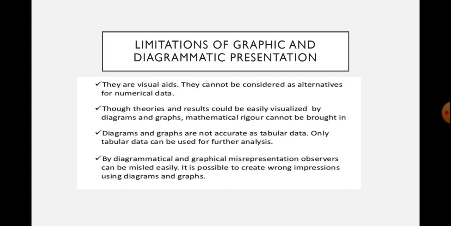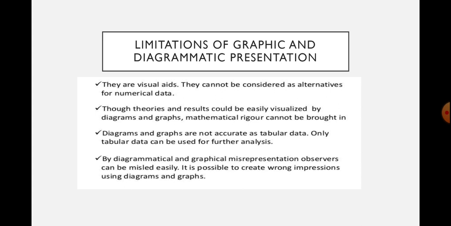Now, by diagrammatical and graphical representations, observers can be misled easily. It is possible to create wrong impressions using diagrams and graphs, because diagrams and graphs just provide us a glance, meaning just preliminary information.